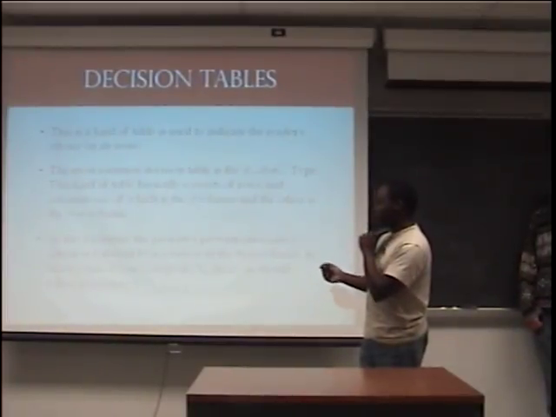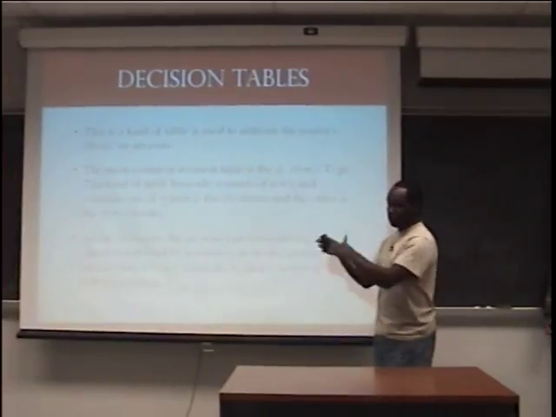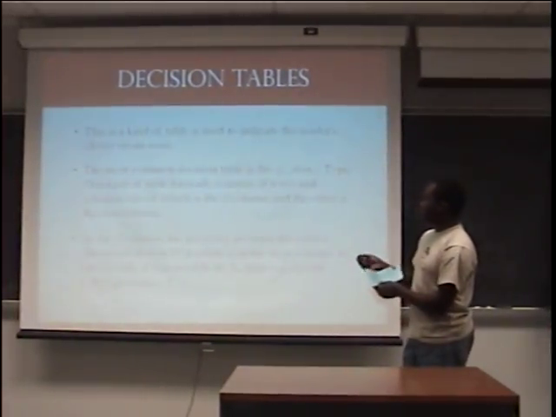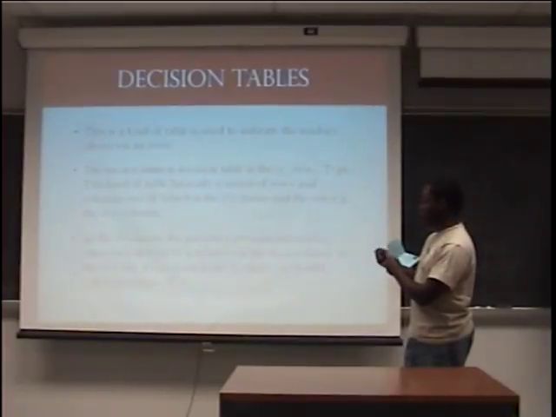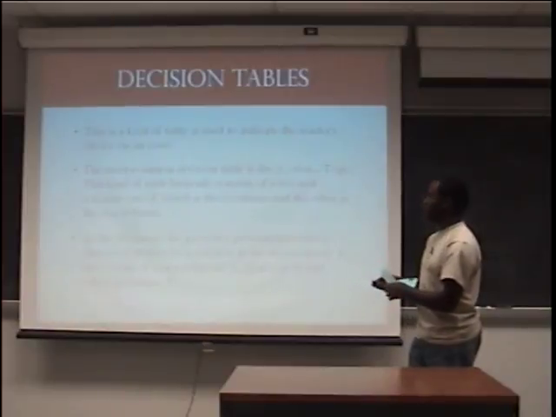This kind of table tells you that if you want to do X, that's on one column, then on the other column you should be able to do the following procedure on the Y column.